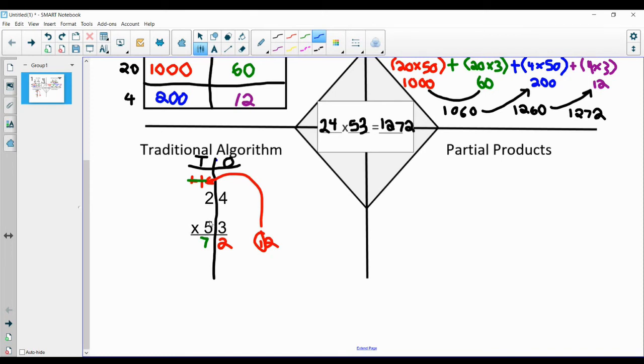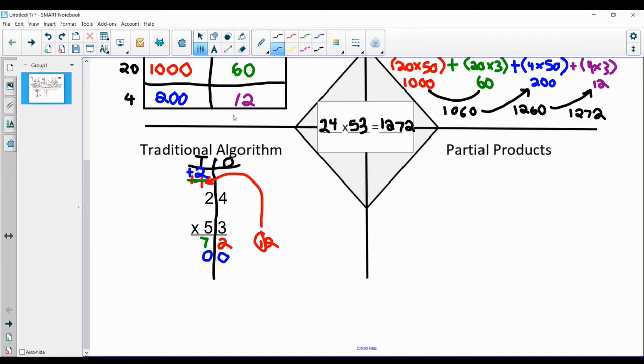It actually means 50, so I'm going to put 0 as a placeholder. 5 times 4 is equal to 20. Well, I can't have 20 in my 10's place value. I can only have up to 9. So I keep the 0 in my 20 and I regroup 2 10s up at the top. It's to be added.